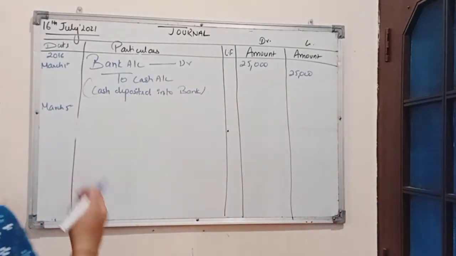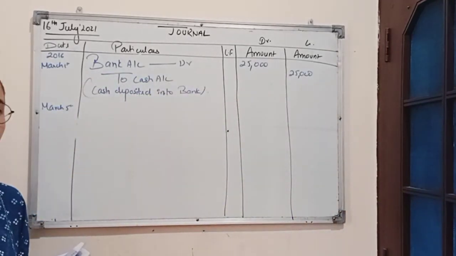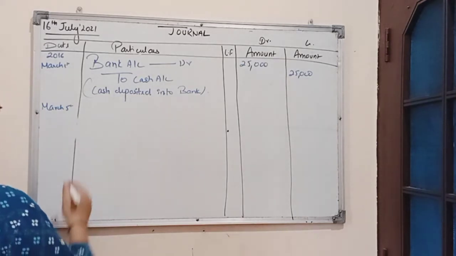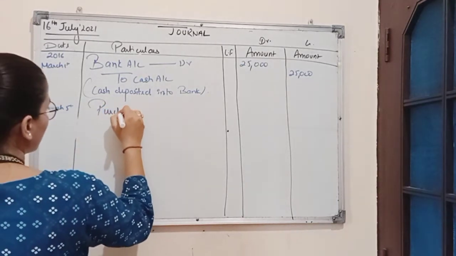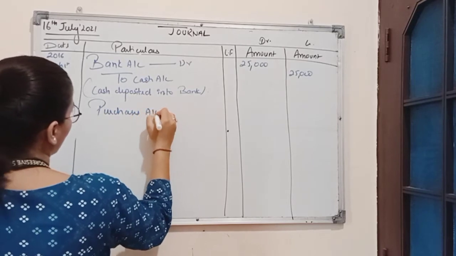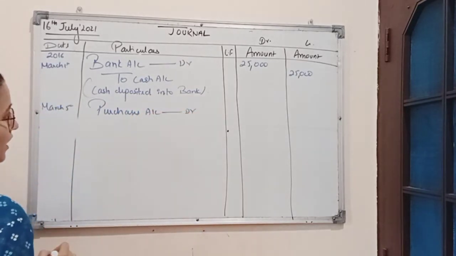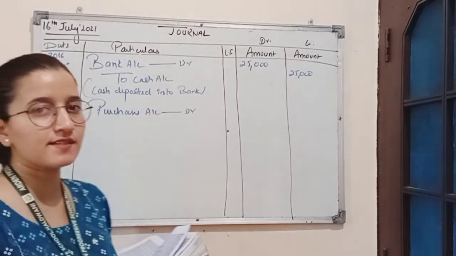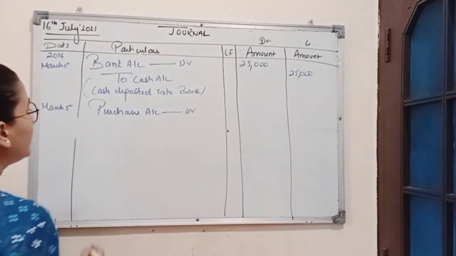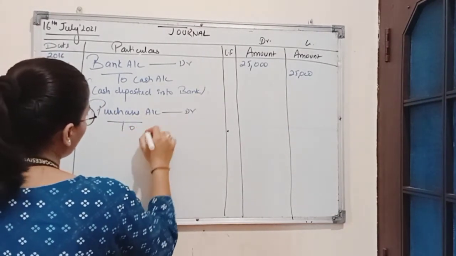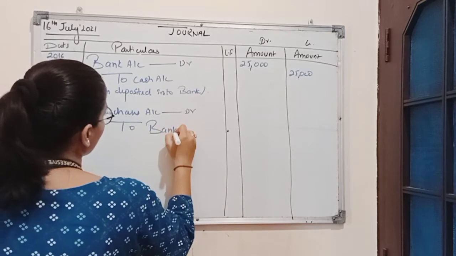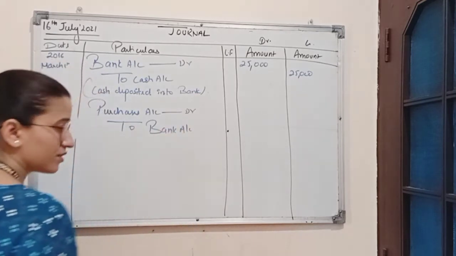Now here goods have been purchased. We know goods purchase is an expense. So we will debit purchases account according to the rule of nominal account, where all the expenses are debited. And the payment is made by check. So we will write bank account.